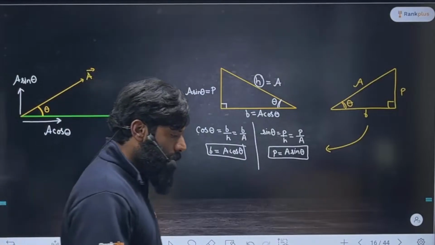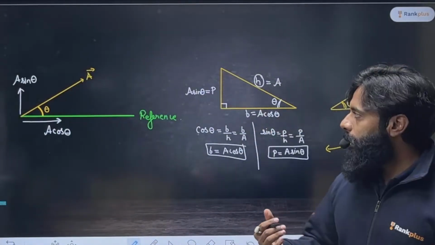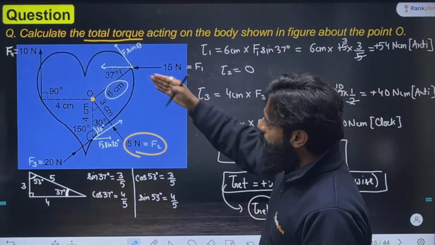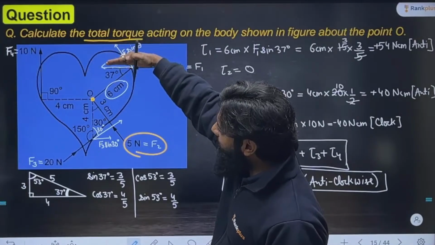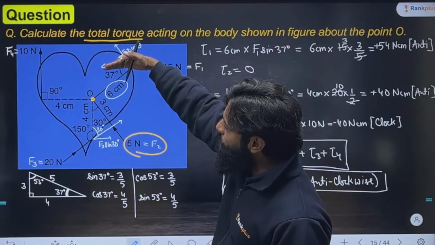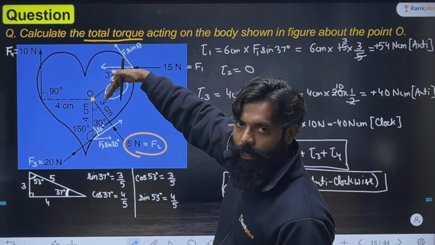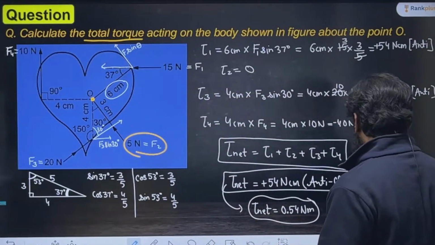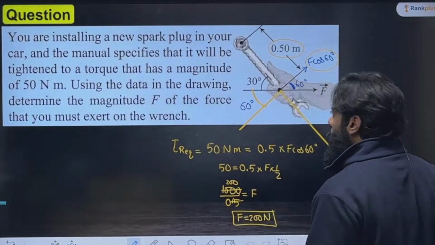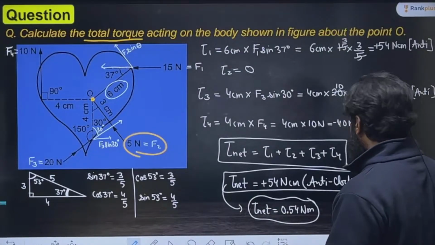I hope it is clear how we are taking the components. Similarly here, this is the angle. For taking the component towards the angle side, I'll be getting F cos theta, and towards the perpendicular side, I'll be getting F sin theta. So this is what basically I'm doing. I hope that this question is clear now.